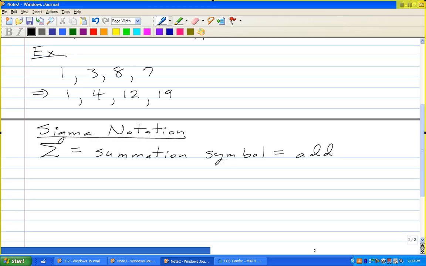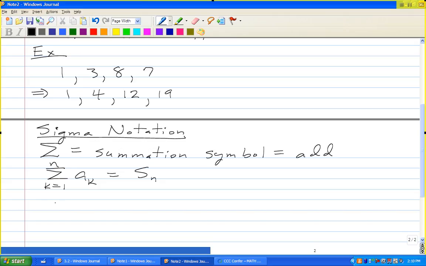And so from the above, we will use the sigma notation. So let's say k equals 1 to n of a sub k, that's just the nth term of that partial sum sequence.